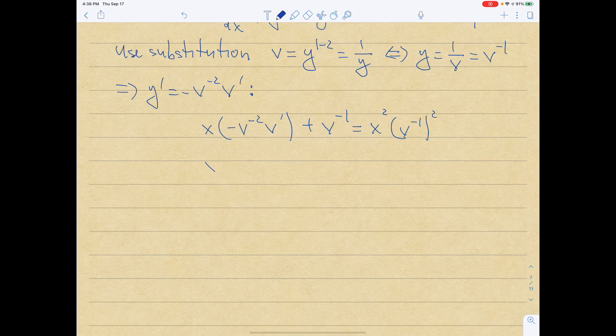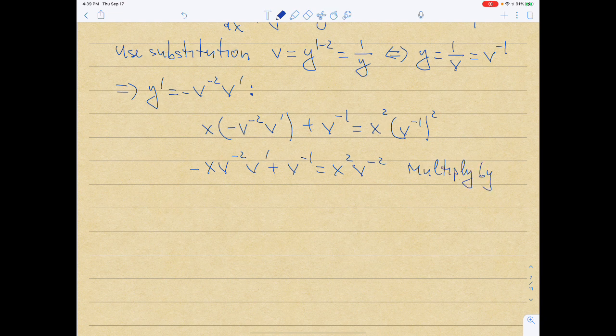So this is minus x v to the negative 2 v prime plus v to the negative 1 equal to x squared, and v to the minus 1 and then squared is the same thing as v to the minus 2.